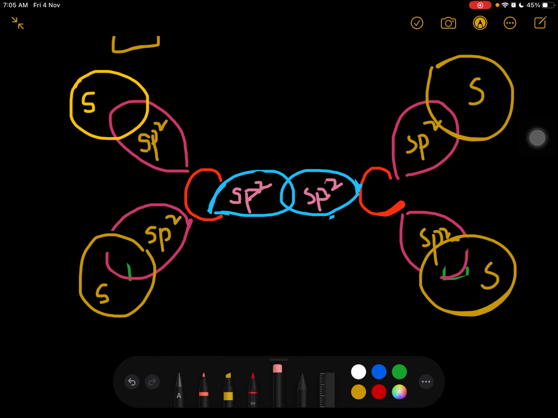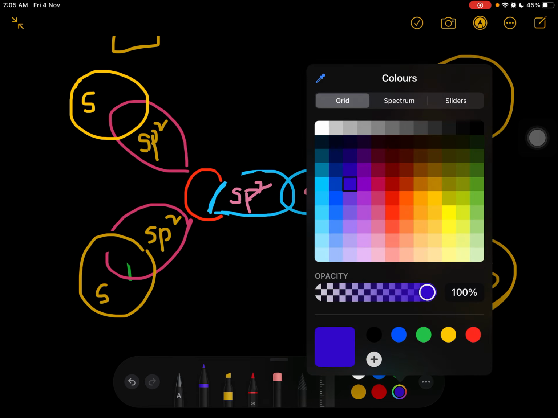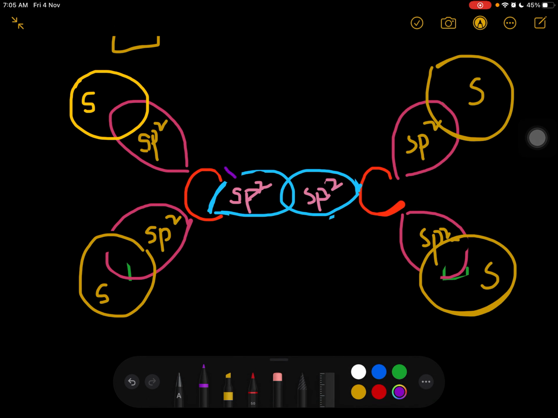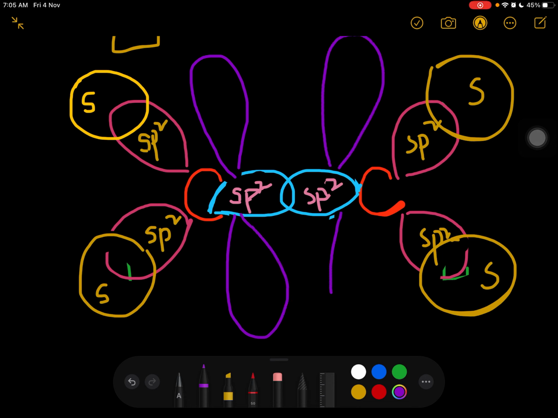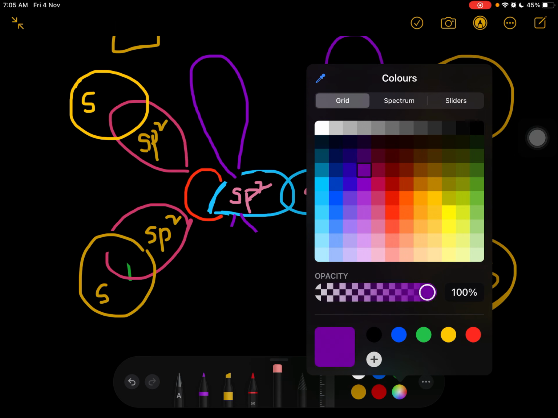It is perpendicular to the axis, and you can easily draw them like this.